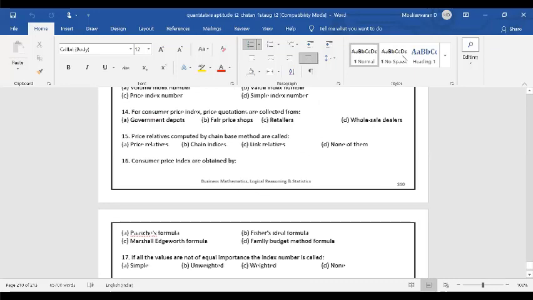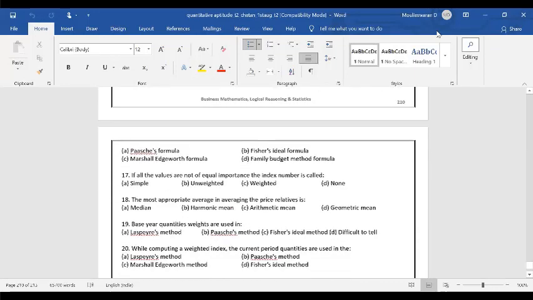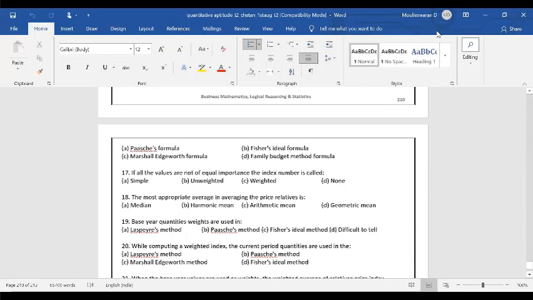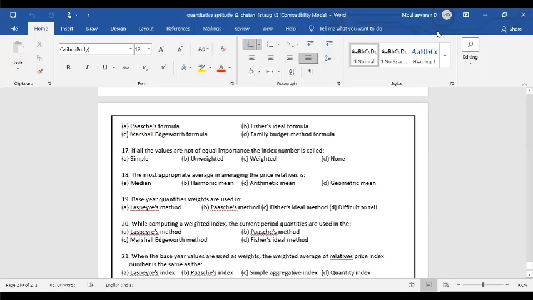Nineteenth question: base year quantity weights are used, where we are taking base year as quantity weights. Which method? Laspeyres method, yesterday I told you. Base year weight means Laspeyres.